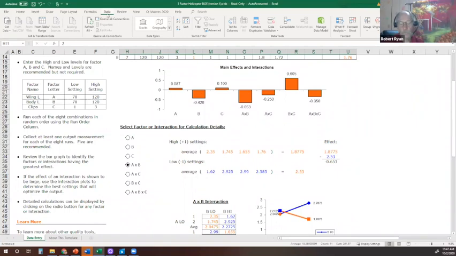I do have one question for you, Manny, because I'm looking at these results and I find it curious that as you adjust factor A from low to high, you get this positive impact on time. When you adjust factor B, you get this very negative impact.